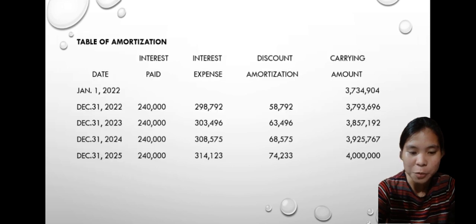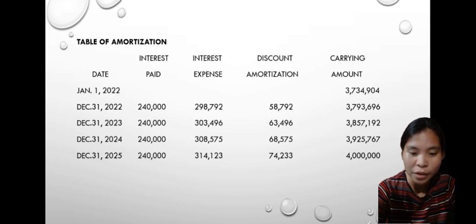So this is the interest paid, the 240,000, which is paid annually, and the carrying amount, which is 3,734,904, the market price. To get the interest expense, we multiply the carrying amount by the effective rate of 8%. The result is 298,792. To get the discount amortization, we deduct the interest paid from the interest expense.